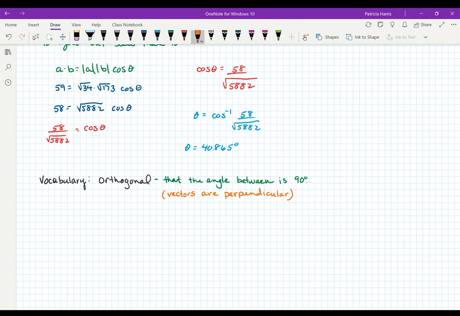We know that vectors are perpendicular when the dot product is 0. Okay, all right.